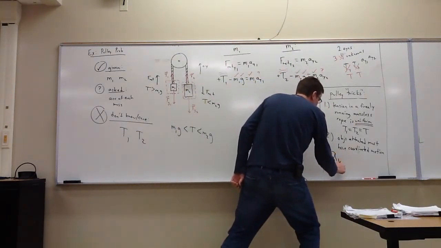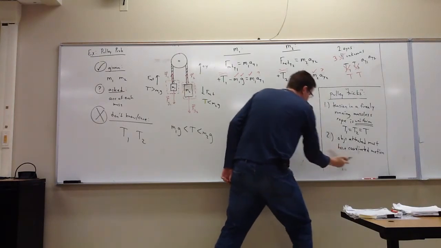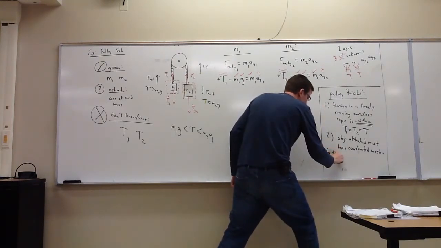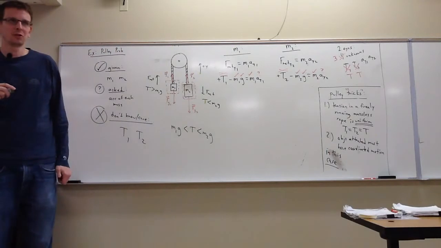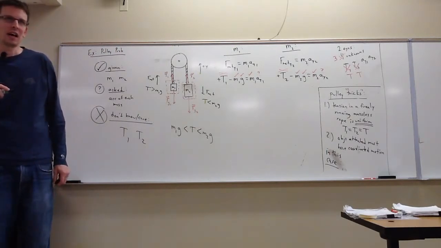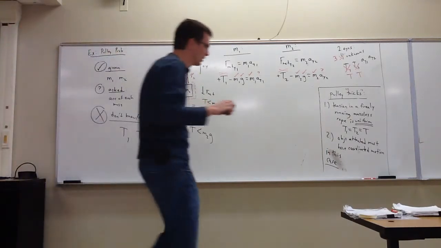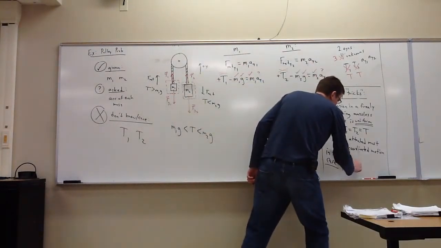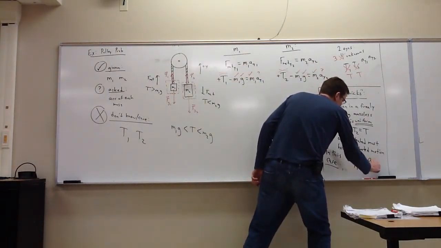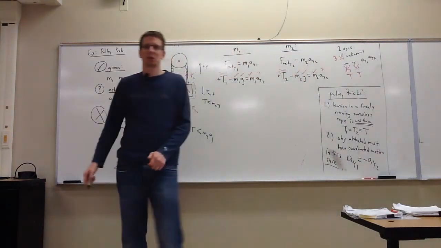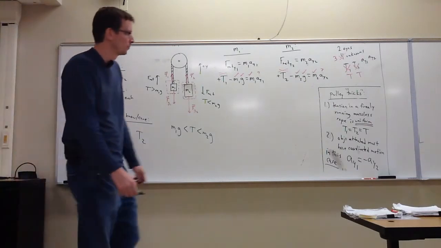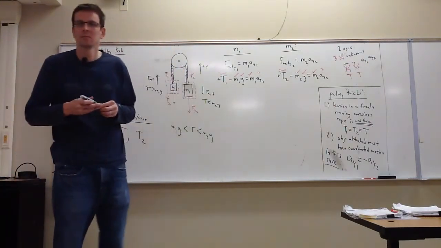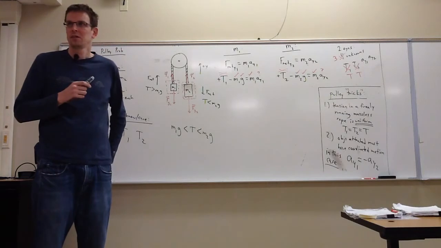In this case, aY1, and I should label it, in this particular case, so this is not generally true. You'll have to figure out how to tweak this slightly for your homework. In this particular case, I would say the way that they are coordinated is that one acceleration is the negative of the other, right? Because one goes up and the other one goes down. Does that make sense?